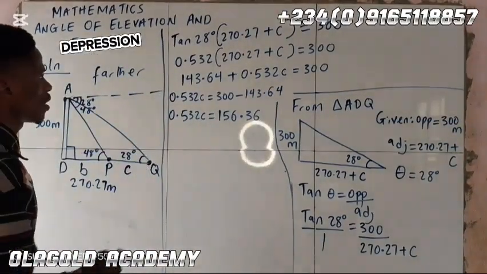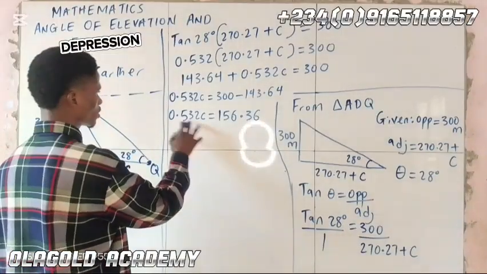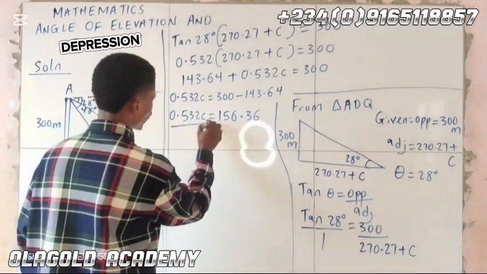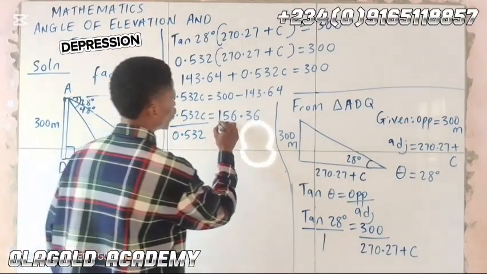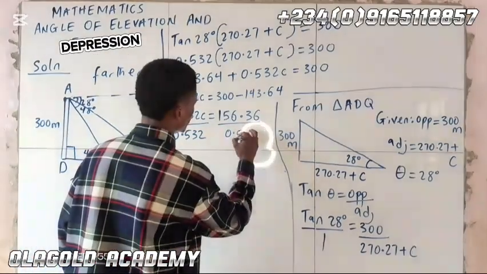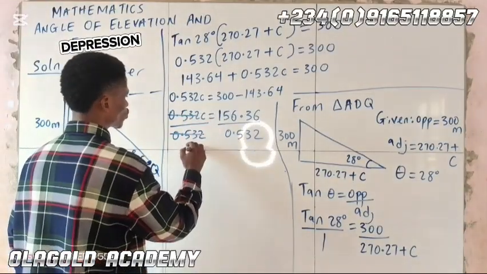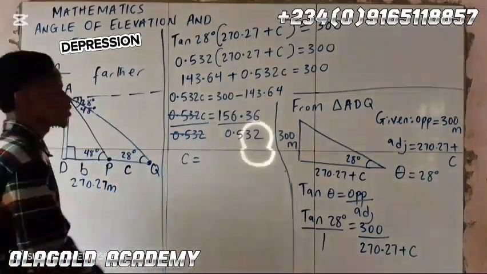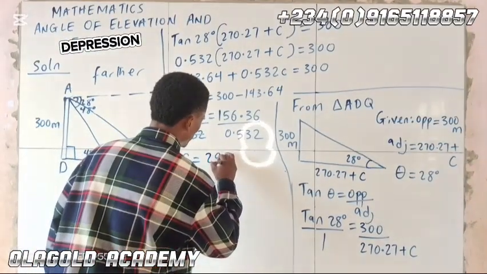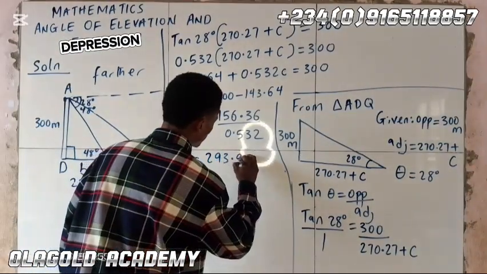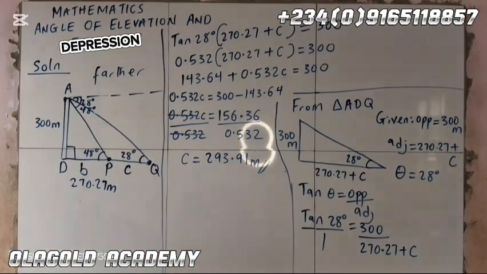My next task is to divide both sides by the coefficient of c, which is 0.532. So c is equal to 293.91 meters. This is my final answer.